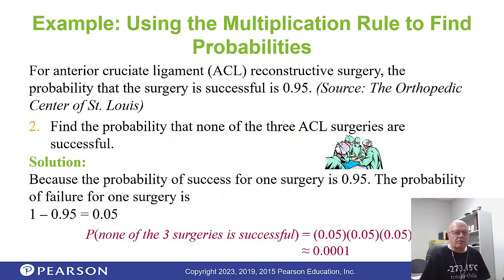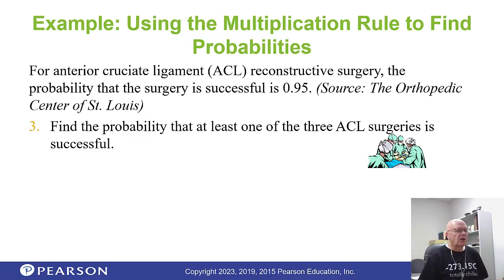Multiply those three probabilities, and the good news is the probability that none of those surgeries is successful is 1/10,000. So out of 10,000 mornings of doing 3 surgeries, only 1 out of 10,000 times are all 3 failures.